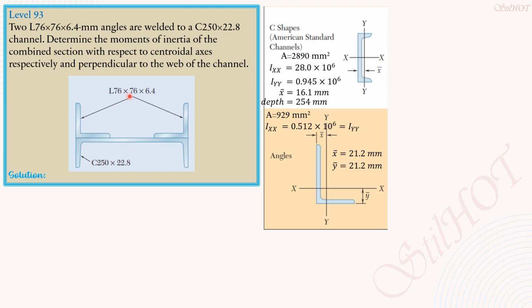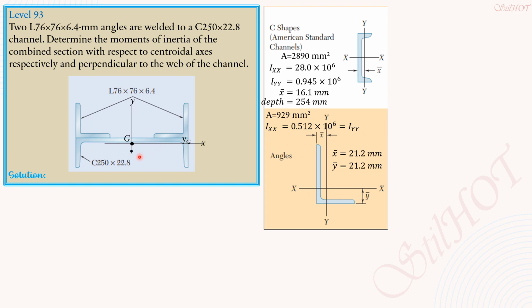So by symmetry, the centroid lies on the centroidal y-axis as shown, and this is the centroid of the entire area. And for the channel, the centroid is expected to be below. So our reference should be the junction between the angles and the channel.